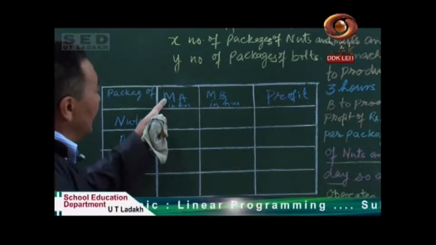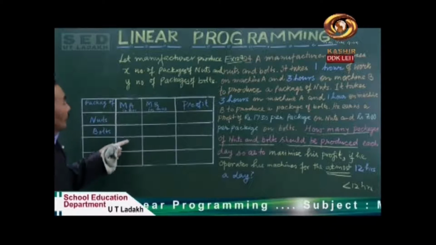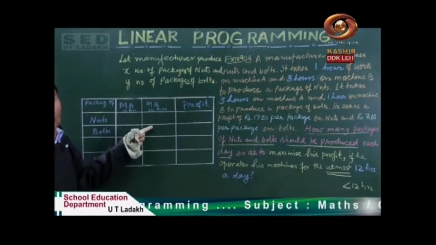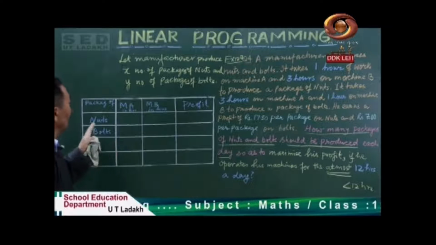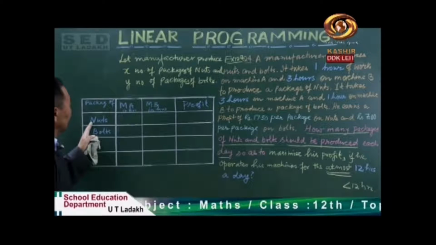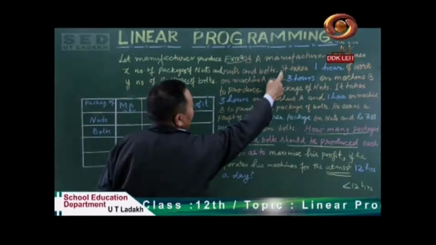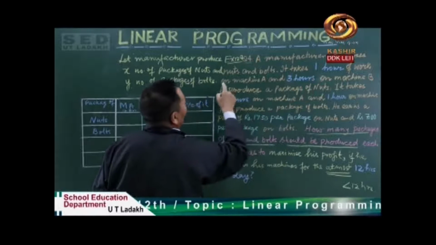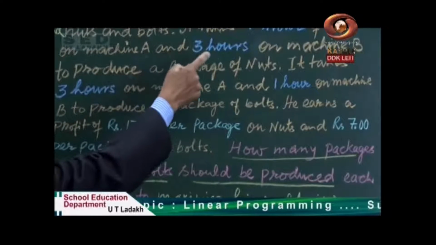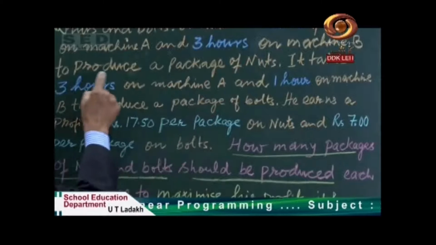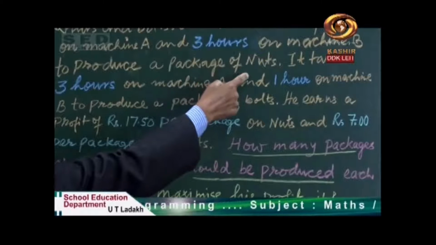So machine A works for a few hours, and machine B works for a few hours. So we have to take the nuts information. It takes 1 hour of work on machine A and 3 hours on machine B to produce a package of nuts.